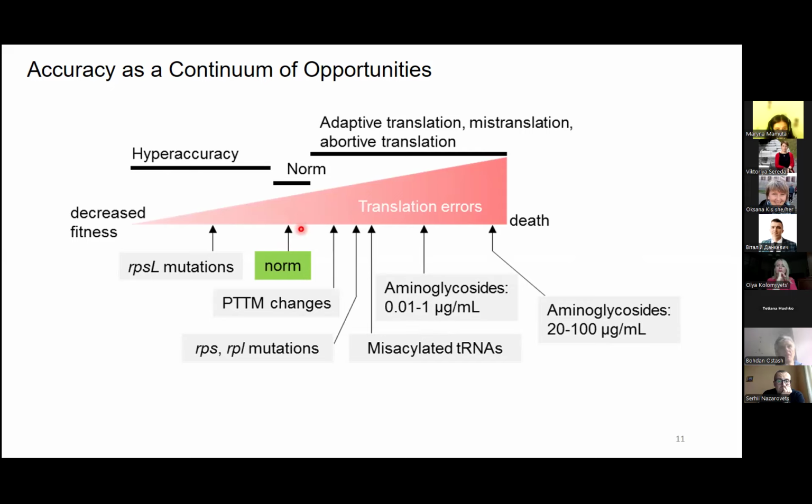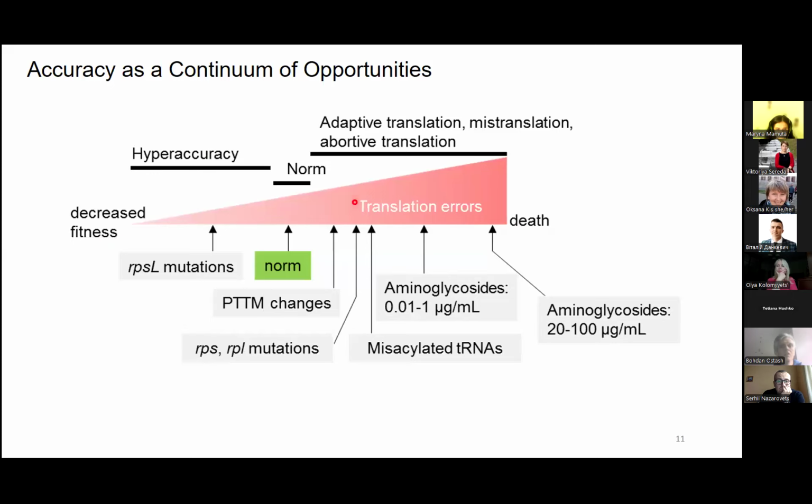Let's say the ribosome would make one mistake in 10,000 amino acids incorporated into proteins, 1 in 10,000. But we could make it even more accurate, but it doesn't happen in nature for some reason. We could make it relaxed, we could make it more erroneous. And now we have this entire continuum of opportunities. A cell could have very accurate translation, or it could have a relaxed translation to some extent.